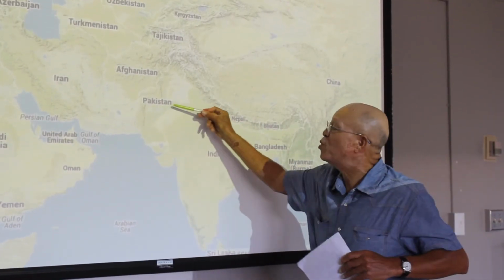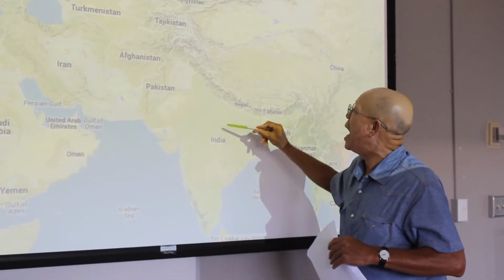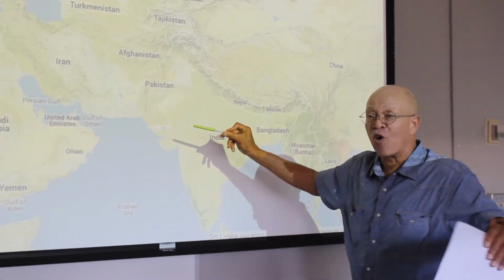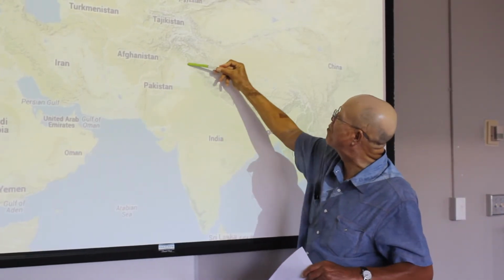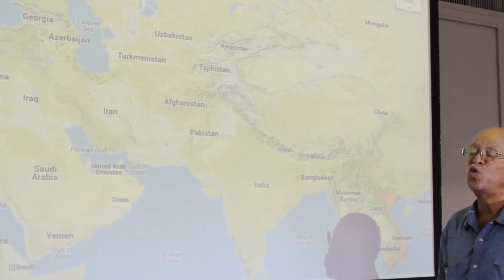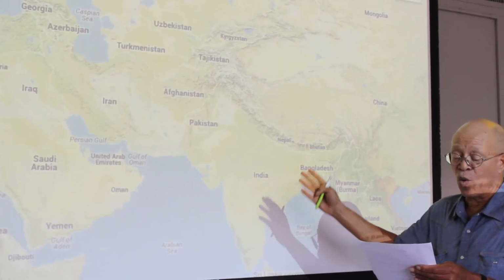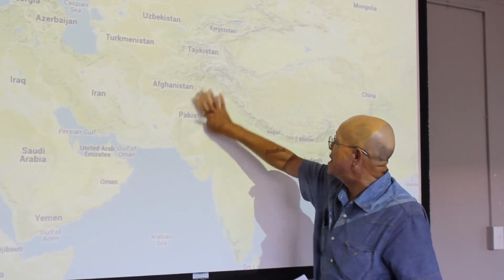And Pakistan, which is Islamic, and India, which is largely Hindu, have an ongoing crisis today over this region of northern India here called Kashmir. And that has figured in the news prominently and not too long ago, as a matter of fact. And so you'll need to know where India is located.